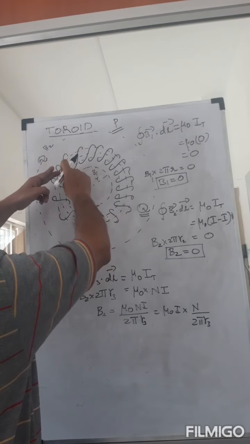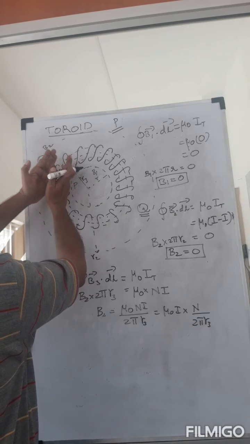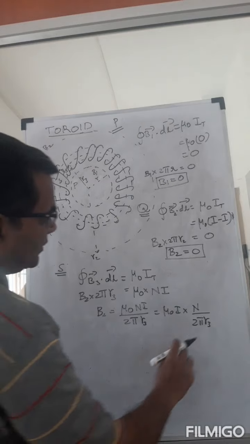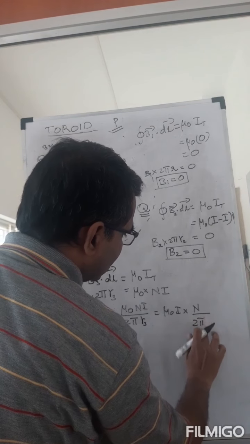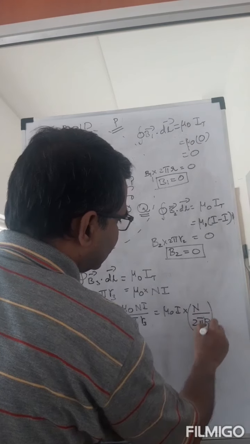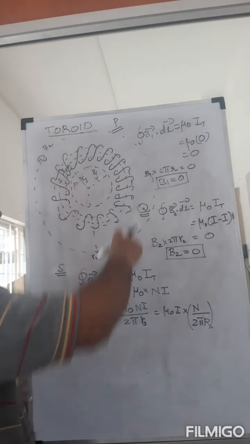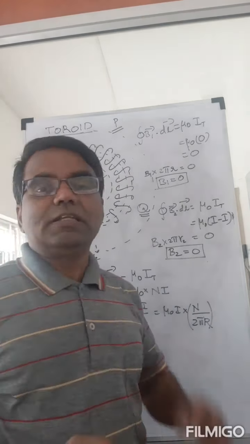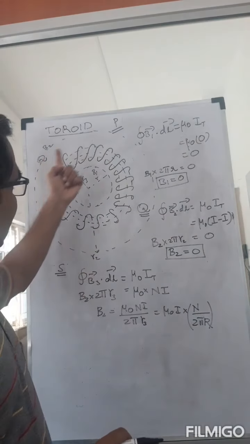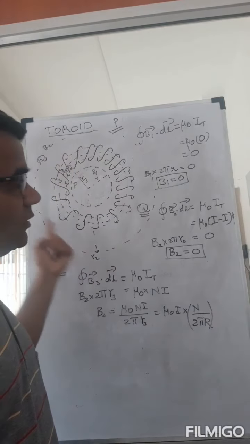I can take the surface to go from here to there. So I can take the average radius R, and then N by 2 pi R gives me the number of turns per unit length, because 2 pi R is the length of the boundary.